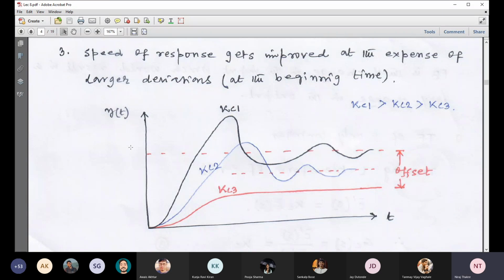We can get better speed because you see it is reaching the set point value faster. This plot, which corresponds to Kc1, reaches the set point value faster than the other two curves. This is because Kc1 is the largest one.